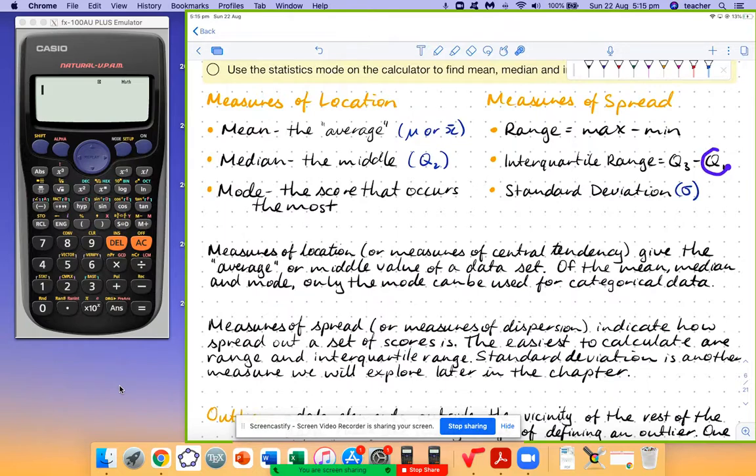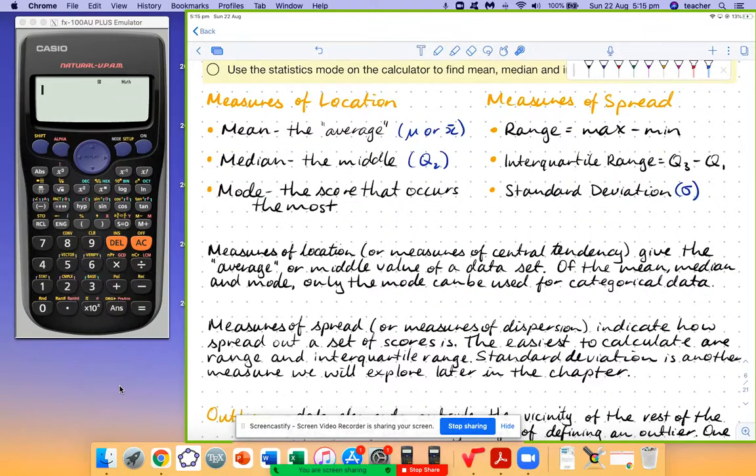Interquartile range is taking the lower quartile, or the bottom quartile, and the upper quartile and finding the range of those two. So if I had my data like this, there's Q2, that's going to be Q1, and that's going to be Q3. We're looking at where the middle 50% of the data is going to lie. That's what it means to find the interquartile range.